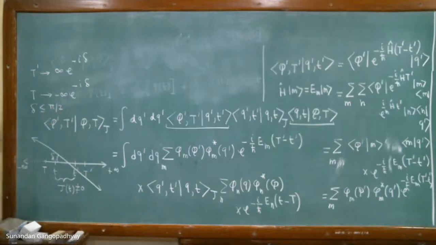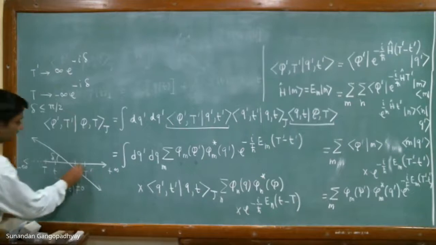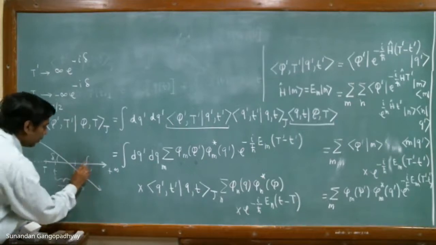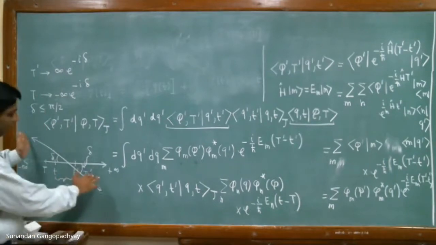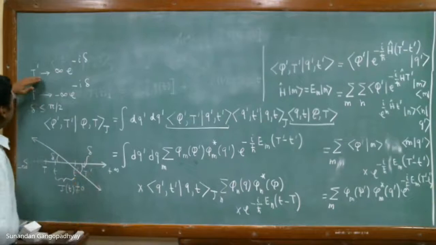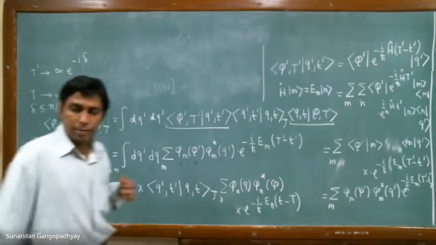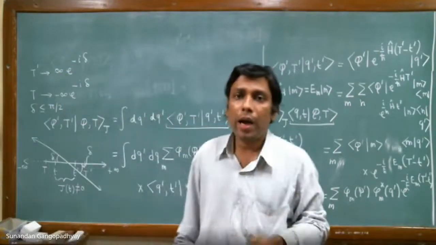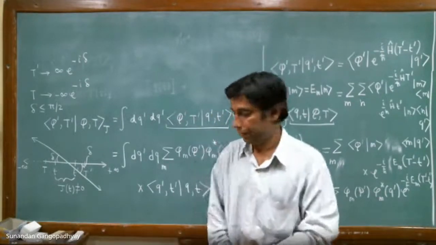So what this means is that we have rotated the time axis by an angle delta, so this angle is also delta, and we have then taken the limit t prime going to infinity and t going to minus infinity times this factor. And the rotation in this way has been done in order to isolate the ground state. Our aim now is to isolate the ground state.